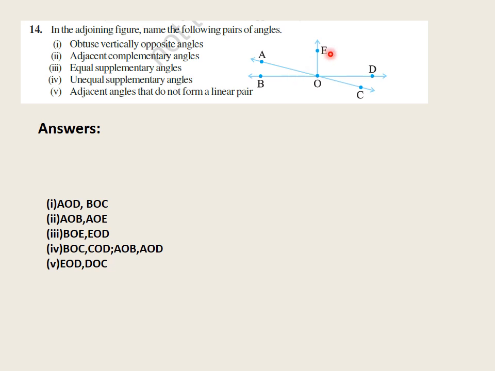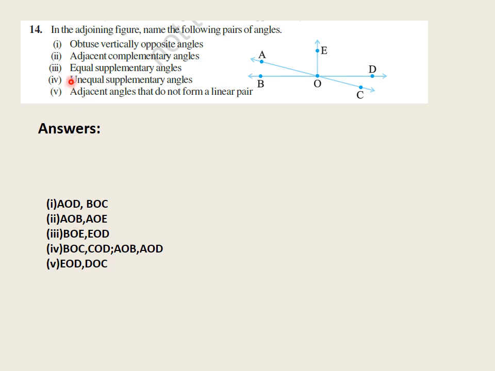Are there any other possibilities? EOD plus DOC. It doesn't. They don't form complementary angles because it is crossing the line of 90 degrees. So only AOB and AOE are adjacent complementary angles.